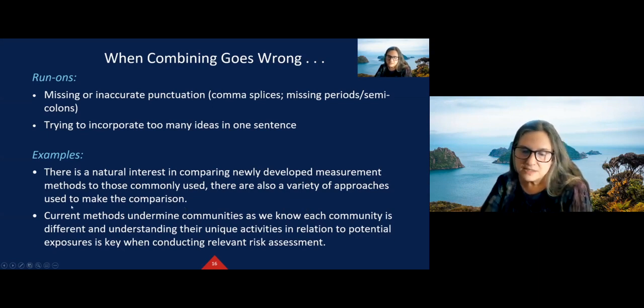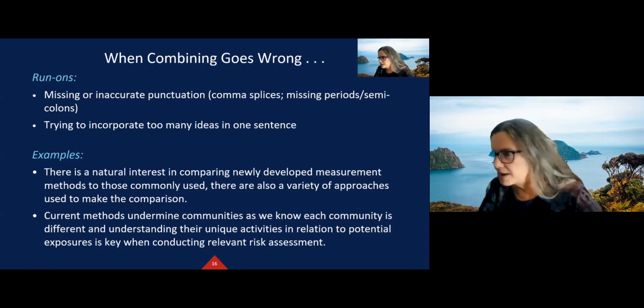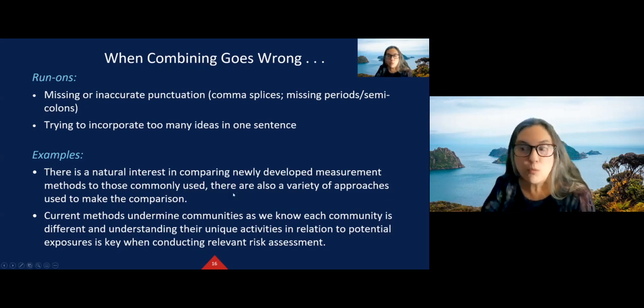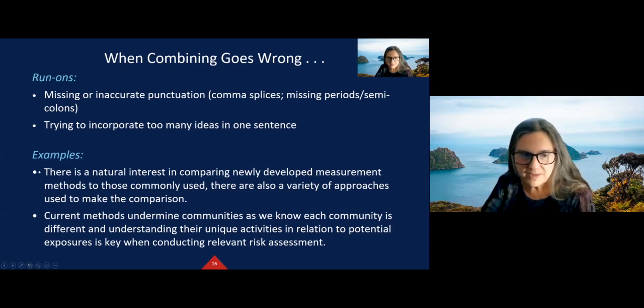This second sentence has no punctuation at all, and it's crammed with different ideas. So it commits both of those crimes, which we all do when we're drafting. So don't worry. These are patterns to look for when you're revising at various stages.